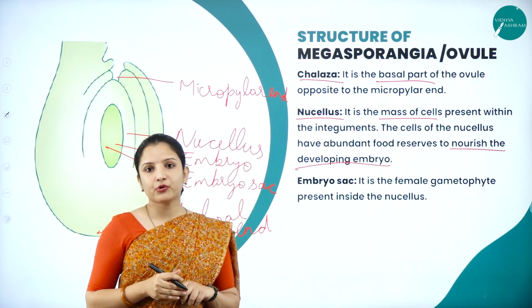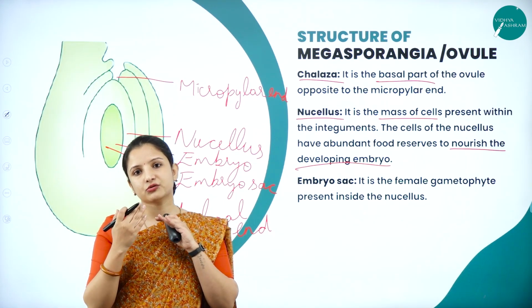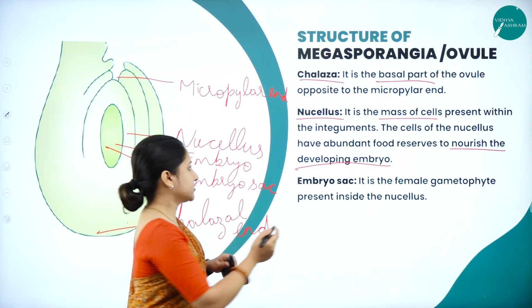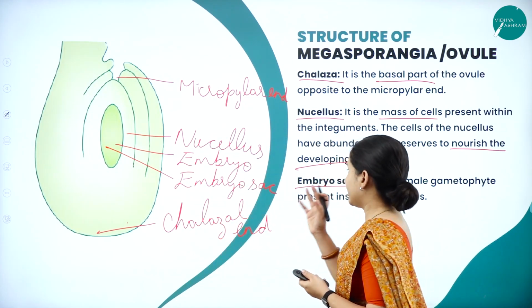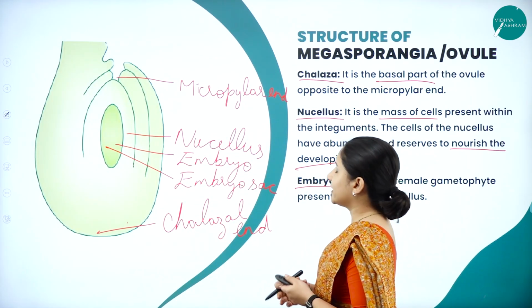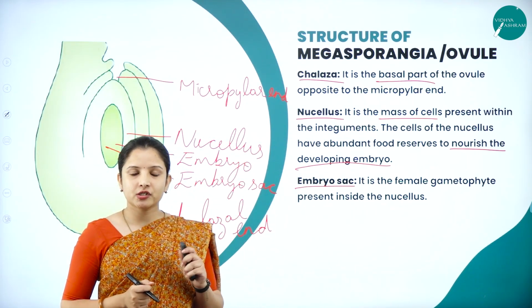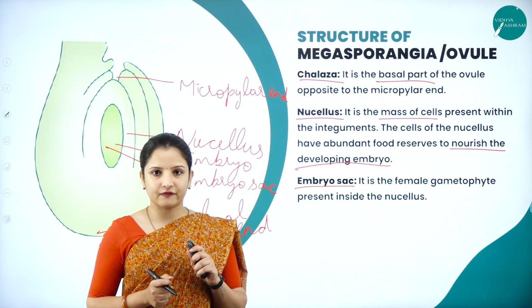So where is this embryo present? It is present inside the embryo sac. The embryo is usually formed after the pre-fertilization event. So inside the embryo sac, you have the embryo. Embryo sac is actually the female gametophyte. In the earlier session, you had studied that pollen grain is the male gametophyte, right?